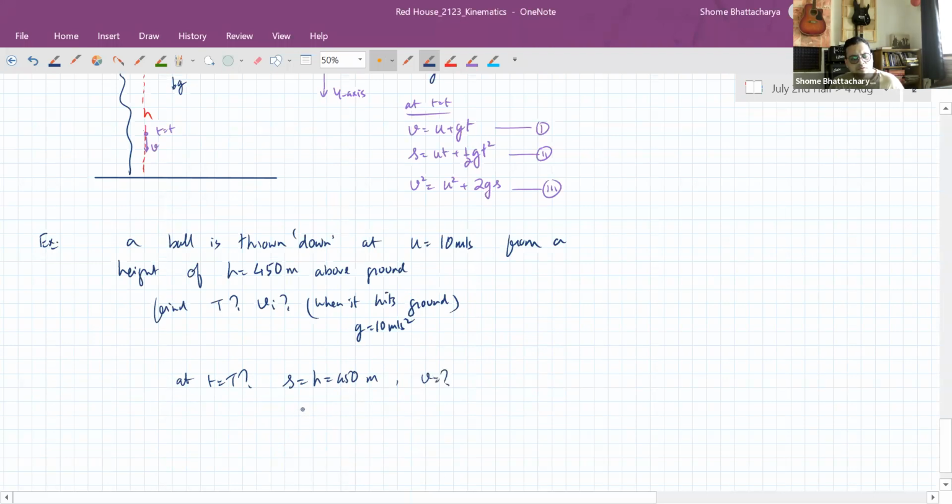So v square is equal to u square plus 2gs. U is of course something that we do know. U is this. So v square is equal to 10 square plus 2 into 10 into 450.